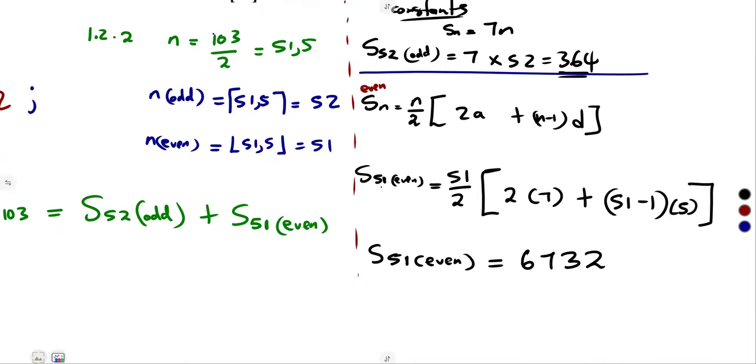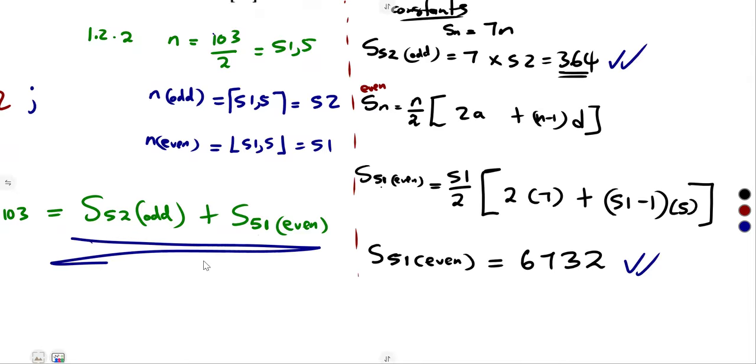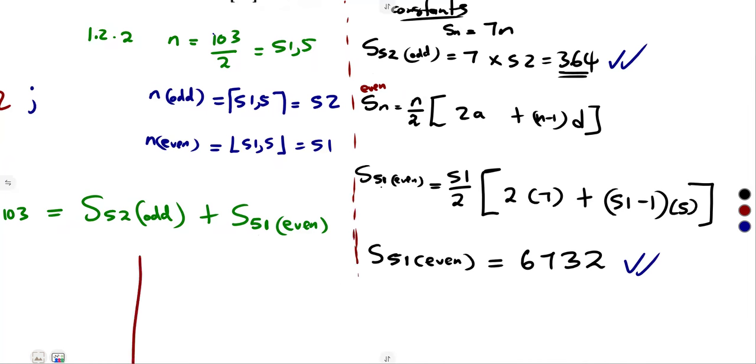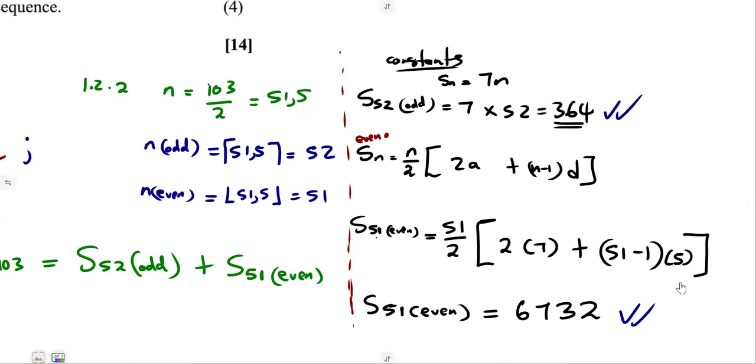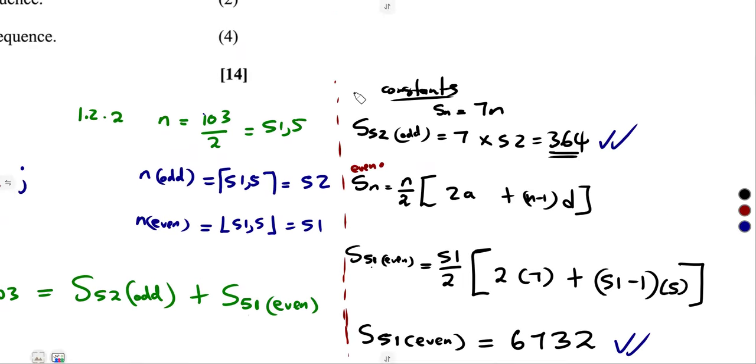These calculations must be shown. You must indicate the calculation for this and also this one, or you can even combine them in your formula. If you know that you are not going to make any mistake in your calculations, you can simplify directly, or you can simplify them separately: the even terms on their own, the odd terms on their own.